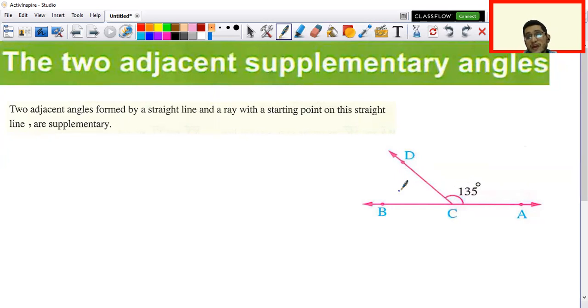Therefore, these two angles are adjacent. Also, these two angles are supplementary angles. It means their sum equals 180 degrees.